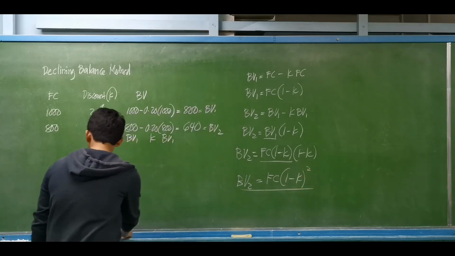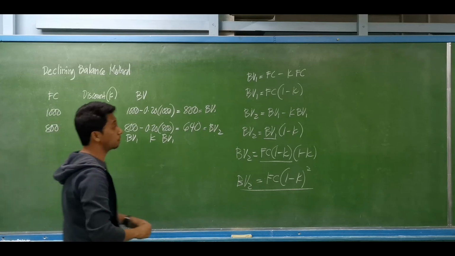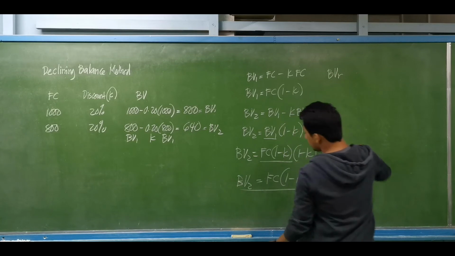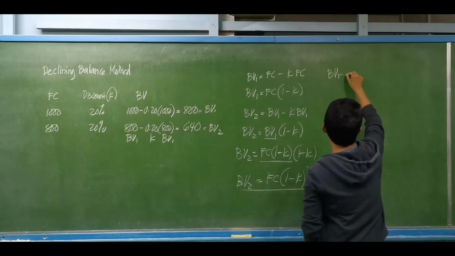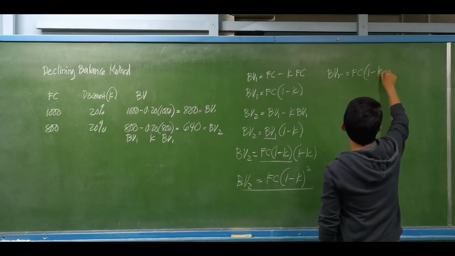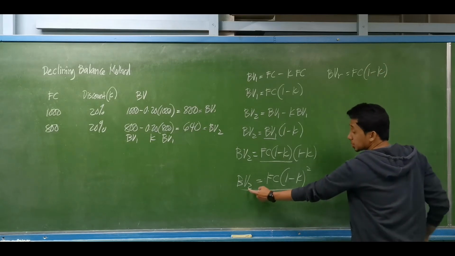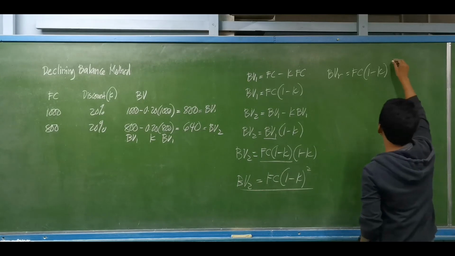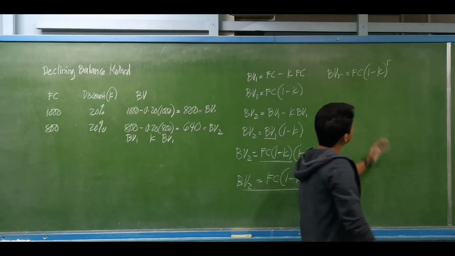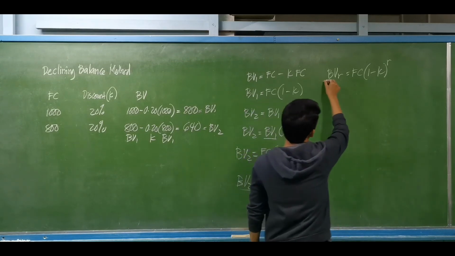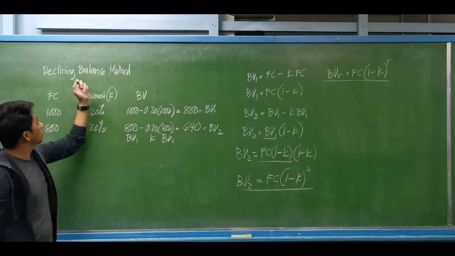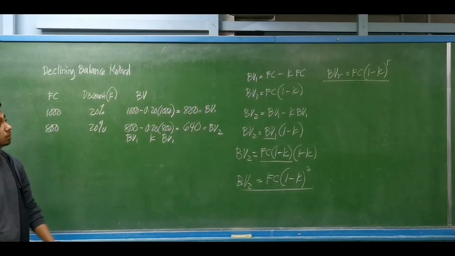So from that equation, we may generalize the formula. Book value number 2 is equal to the first cost multiplied by 1 minus the rate of depreciation. If this is sub 2, what is the superscript? The exponent is the same as R. So this is the general formula for the computation of book value using the declining balance method.